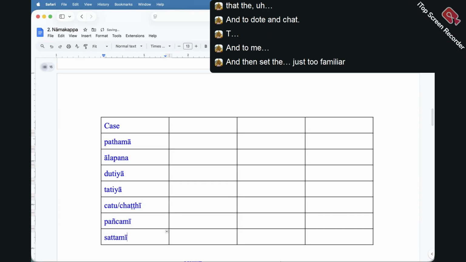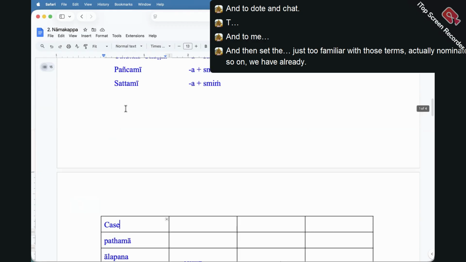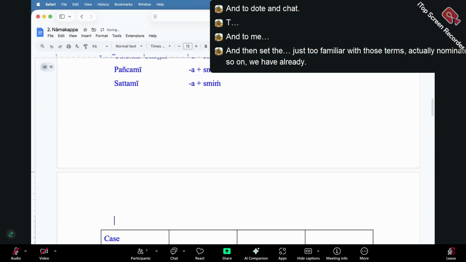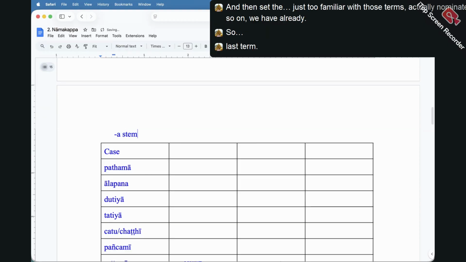Just to be familiar with those terms, actually nominative case and so on we have already. So ask the term, the Ekavachana.